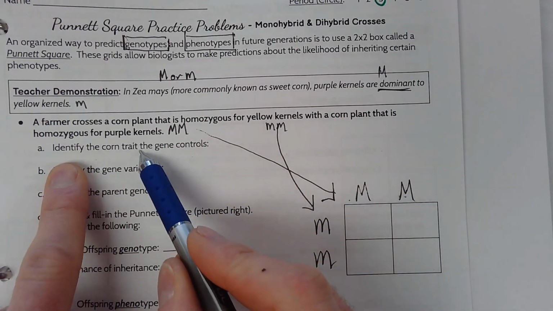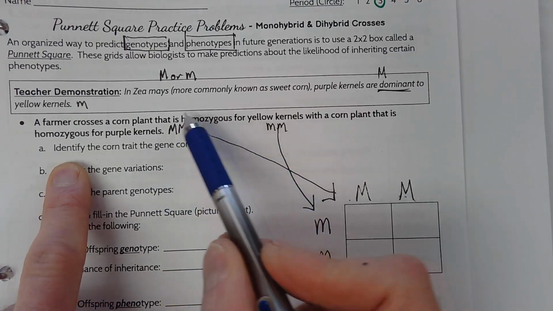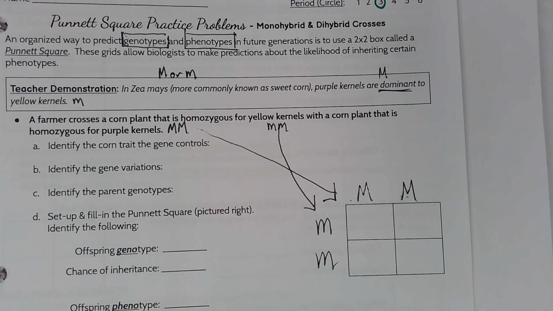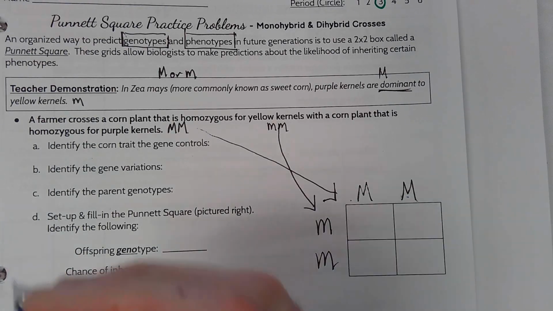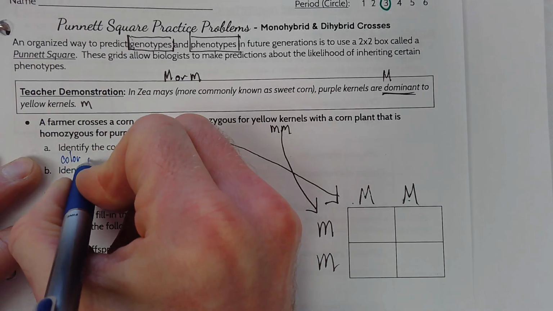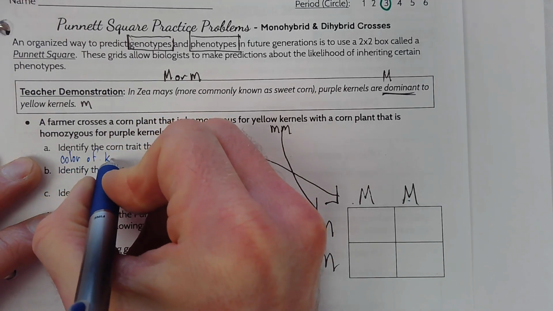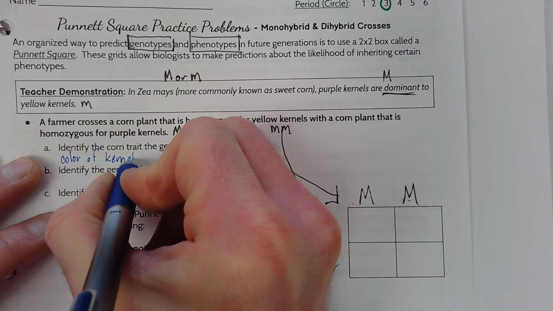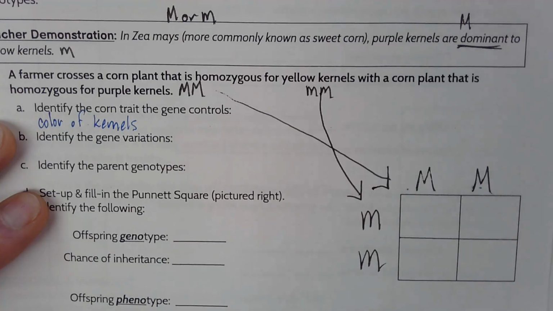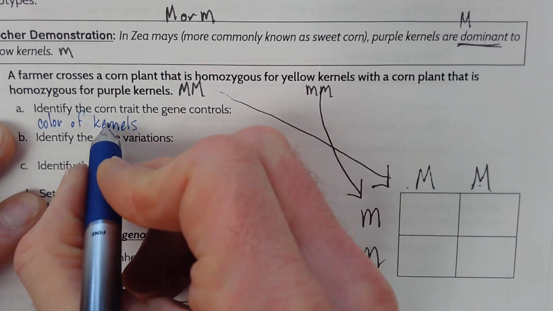All right, so what is the thing that these genes are controlling? The color of the corn. Yeah, the color of the kernels, because it's not the color of the leaves or anything like that. It's specifically the kernels.